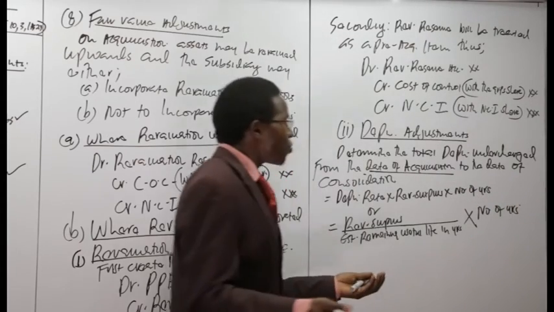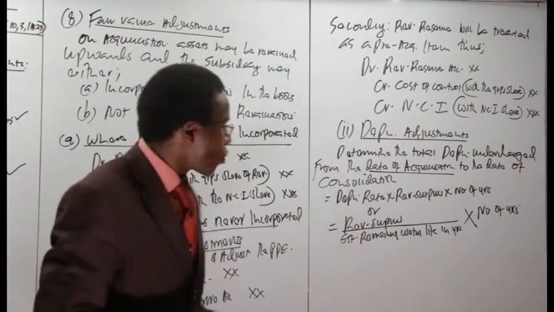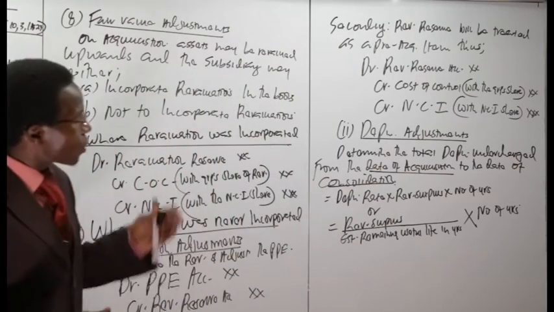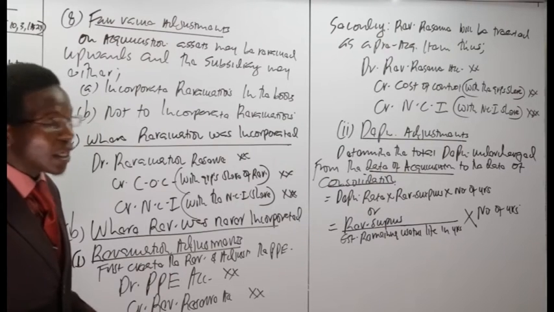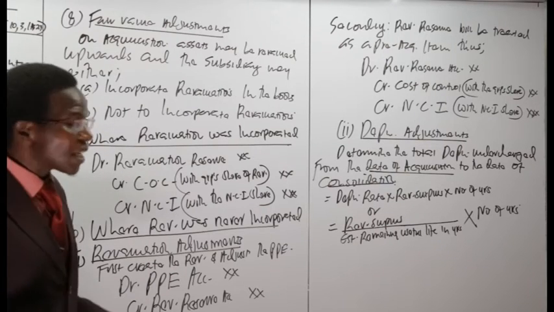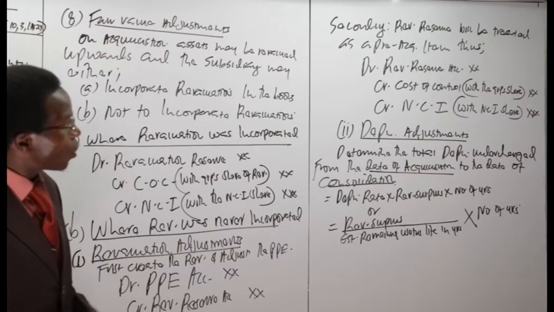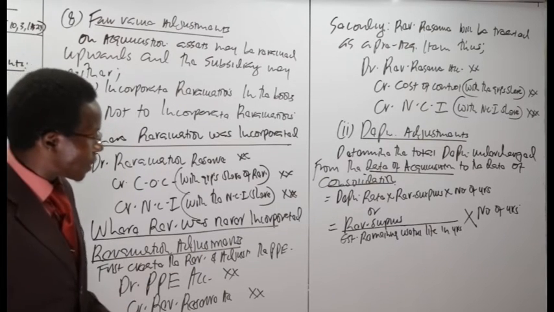Now the number of years we are talking about here is from the date of acquisition to the date of consolidation. It can be months, not necessarily years, it can be months, it can be years. So that's what you do. You get the total cumulative depreciation.